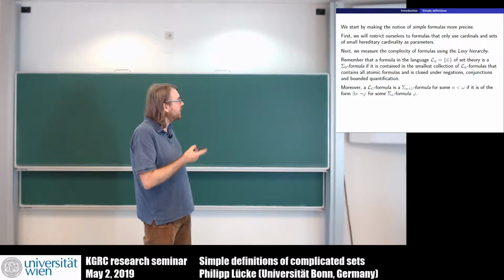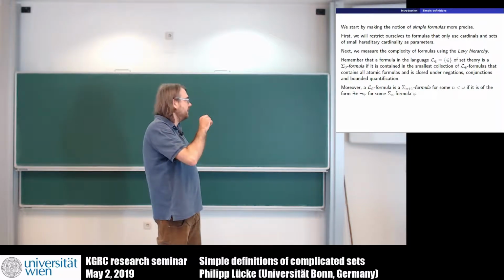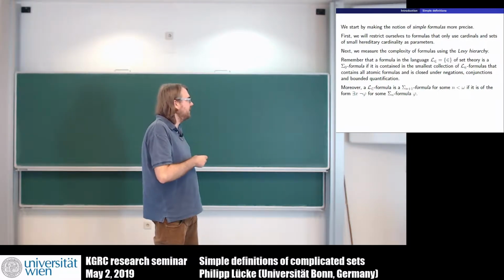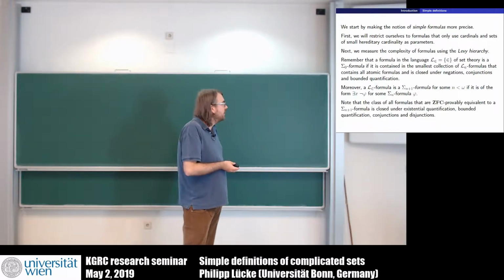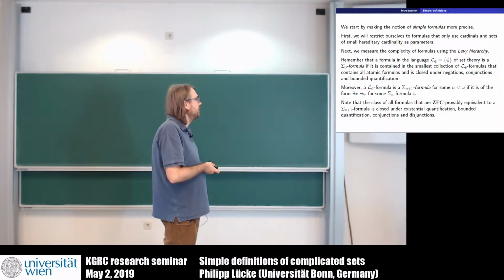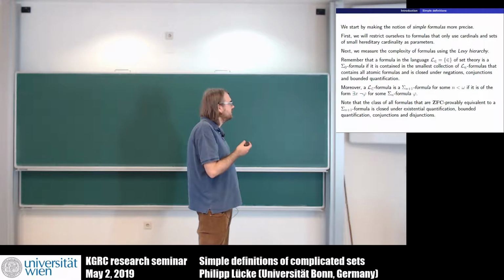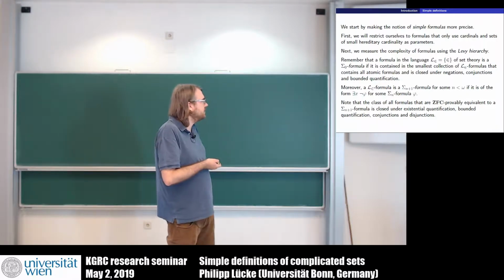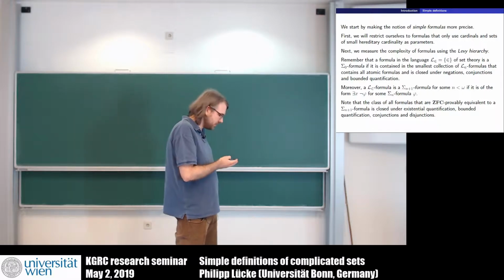Then we step up by saying that something is sigma n plus 1 if we add one existential quantifier in front of a negated sigma n formula. And it's not too hard to see that the class of formulas that are ZFC provably equivalent to a sigma n plus 1 formula is closed under existential quantification, both types of bounded quantification, conjunctions and disjunctions.